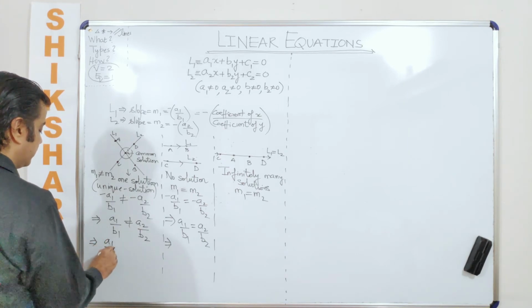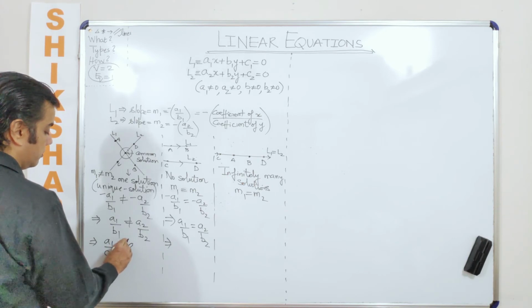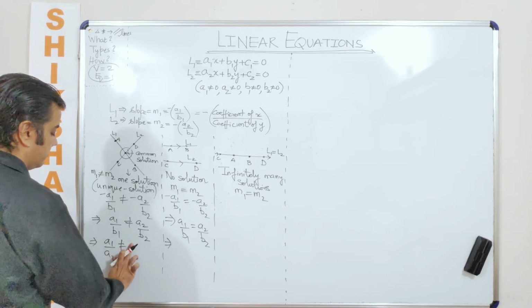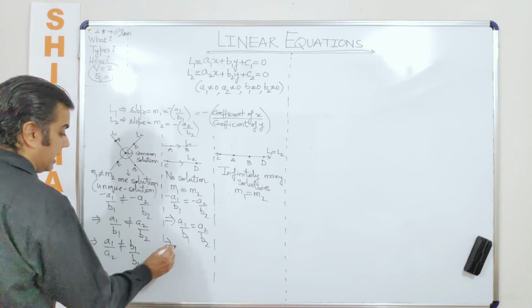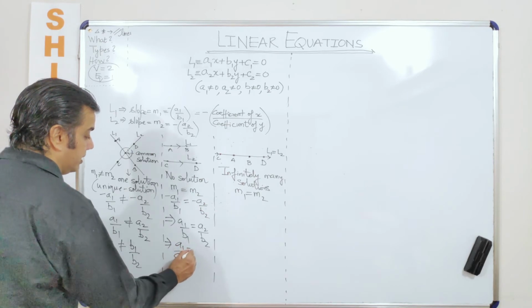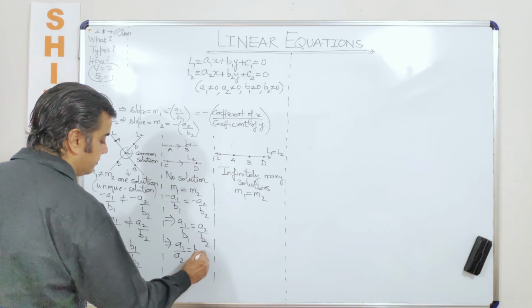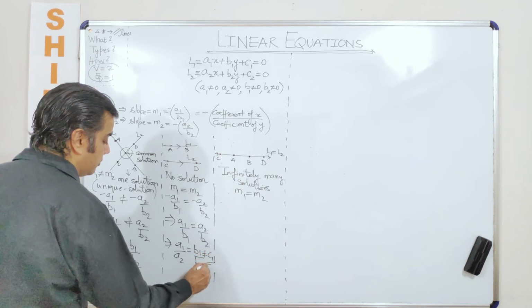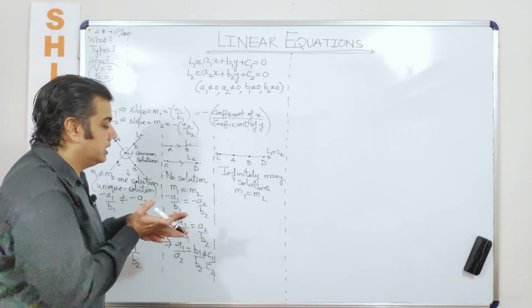So I'll say a1 upon a2 will not be equal to b1 upon b2. And here we will say a1 upon a2 will be equal to b1 by b2, and the additional condition you will get here is not equal to c1 by c2. Why? Because both the lines are not superimposing each other.